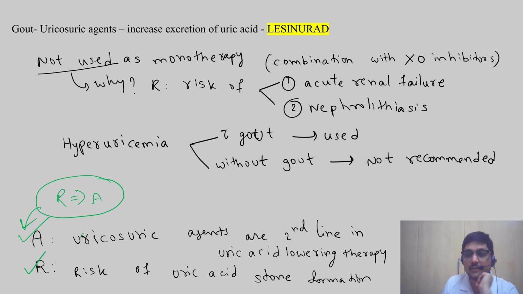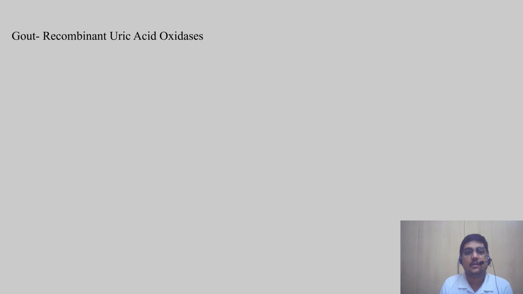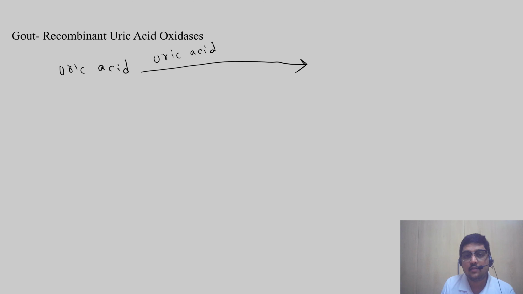Coming to the next group, that is the last group, the interesting group, recombinant uric acid oxidases. What we should learn about this one is, in the body uric acid is there. We know uric acid is not so greatly soluble, right? To make it soluble, there is an enzyme called uric acid oxidase.